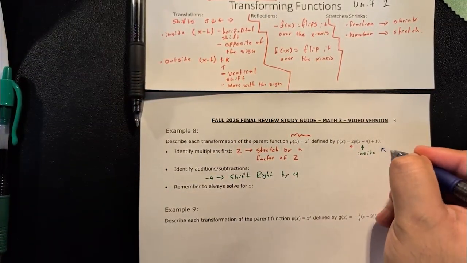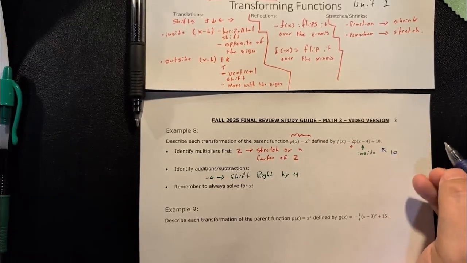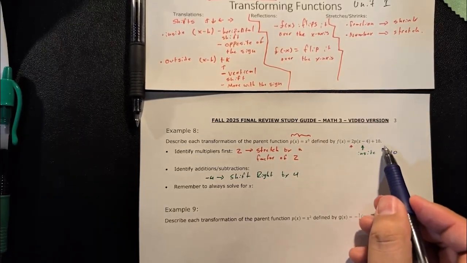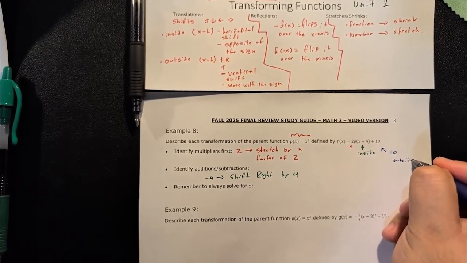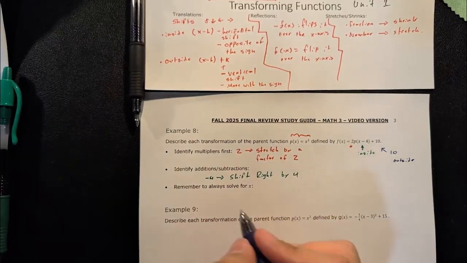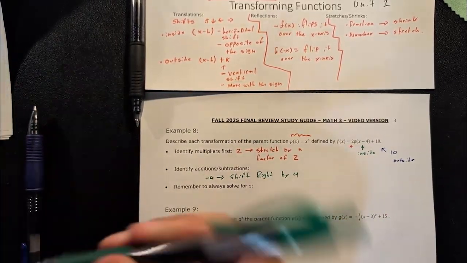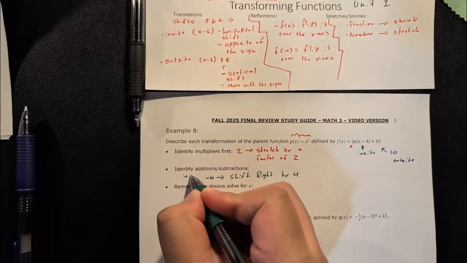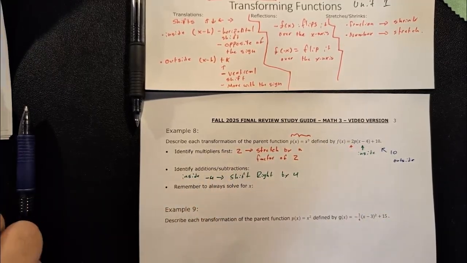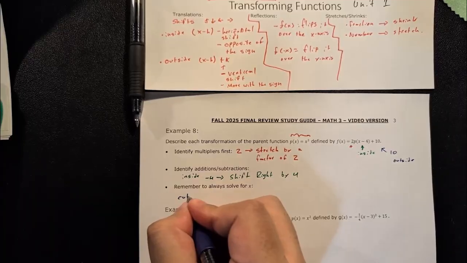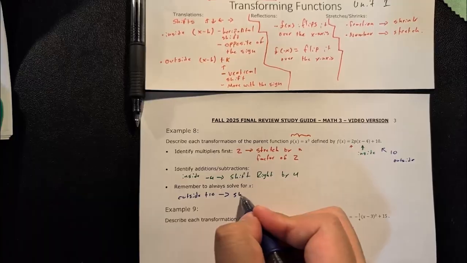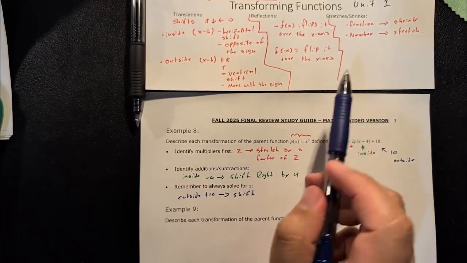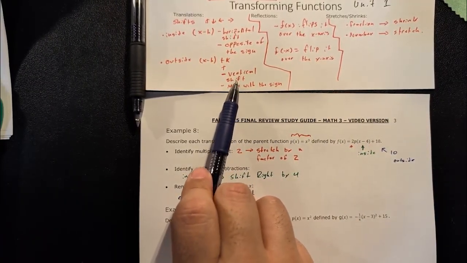And then this plus 10. So is this inside or outside our function? It's outside. So let's write it as this, inside negative 4, and then the outside plus 10. So that means shift, and we do exactly what it tells us to do with the sign, and it's going to be a vertical shift.